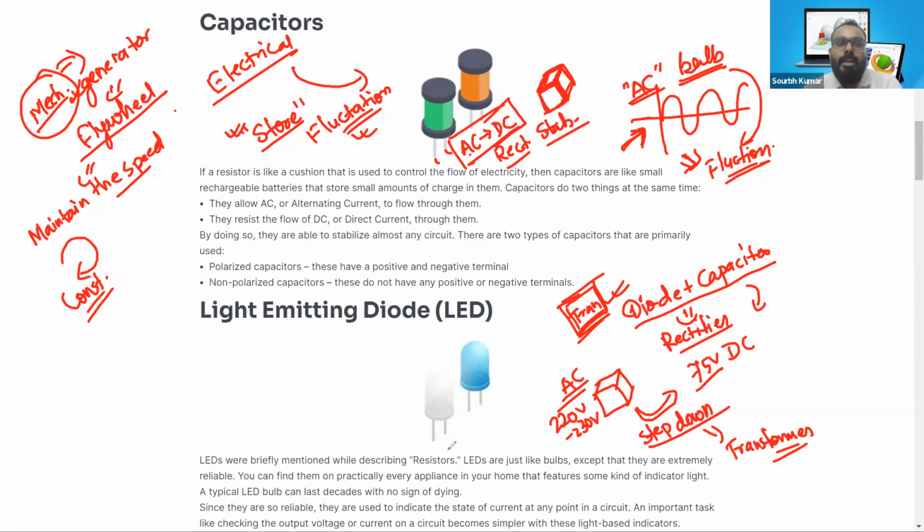So the reason why we are using the capacitor in our electrical circuit is to store the electrical charge in them and also to smooth out the fluctuation. This is the major reason we are utilizing the capacitor in our electrical circuits or development of circuitry for our robotics and robots and other required electronic parts.